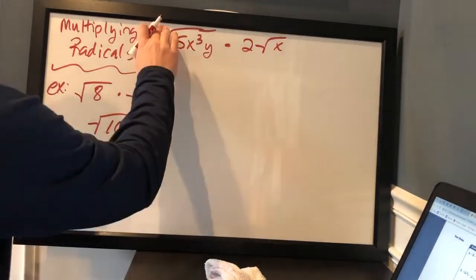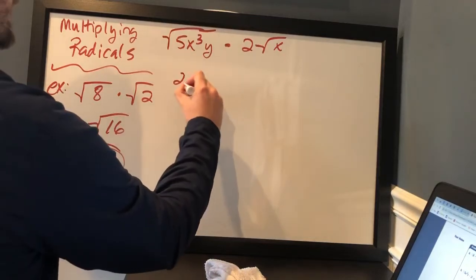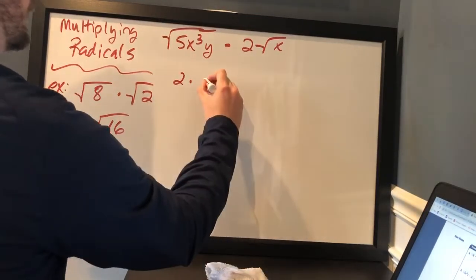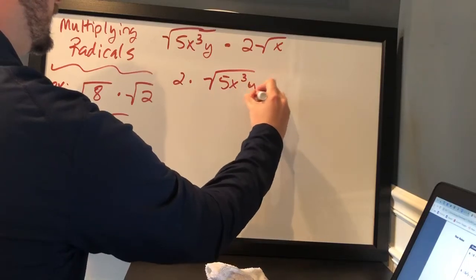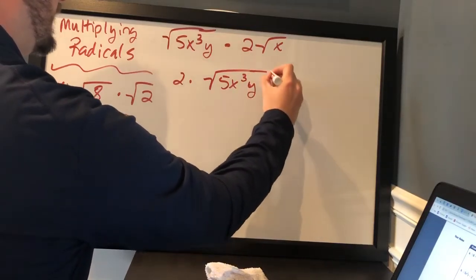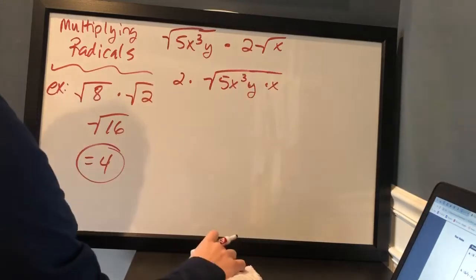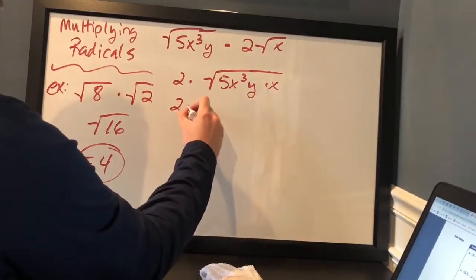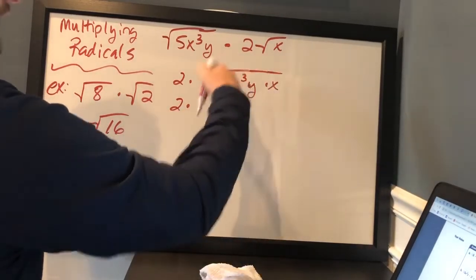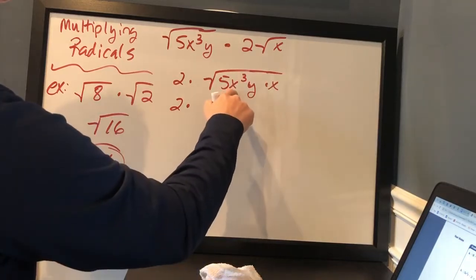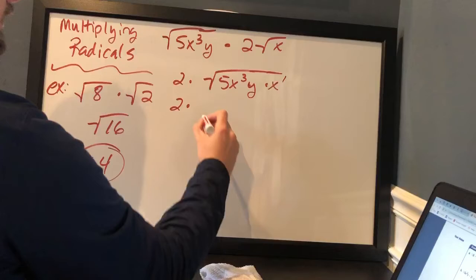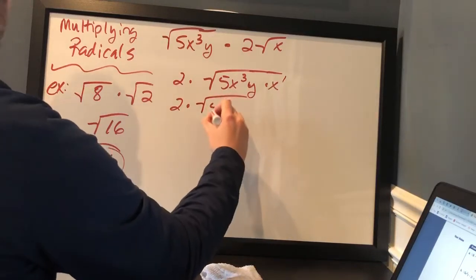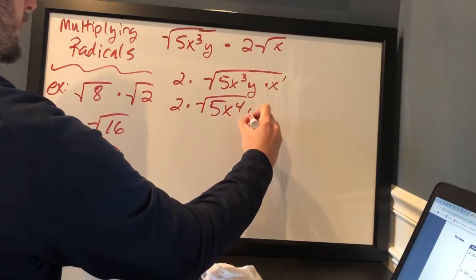In this case, this 2 is already on the outside, so we're going to write that here. And then we've got 5x to the third times y times x. I wrote it this way so we can start to simplify. Again, bring down the 2. Now inside here, if we just had this problem, 5x to the third y times x. Remember, there's a 1 here, so now we've got 5x to the fourth y.